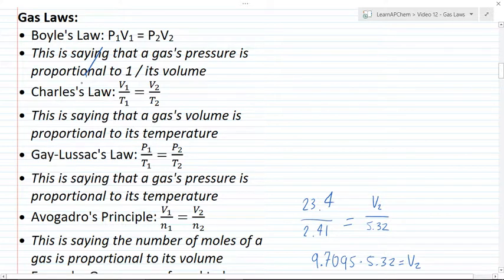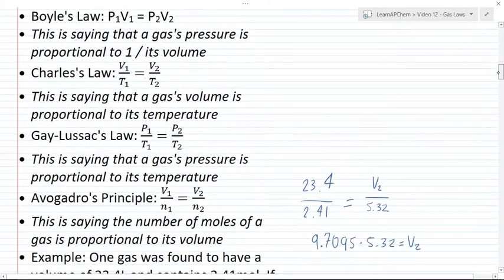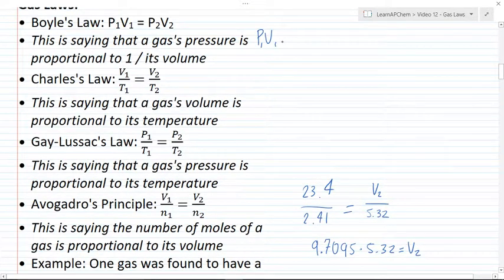You don't have to memorize the corresponding names to each. I highly doubt you'd be asked on the AP test which law P1 V1 equals P2 V2 is. It's just more important that you know all of these. So just memorize P1 V1 equals P2 V2, V1 over T1 equals V2 over T2.